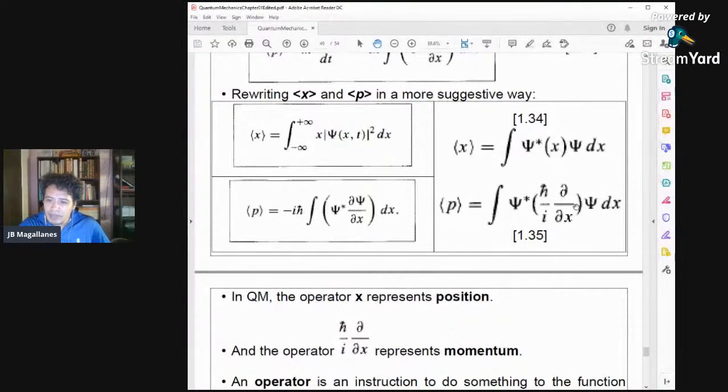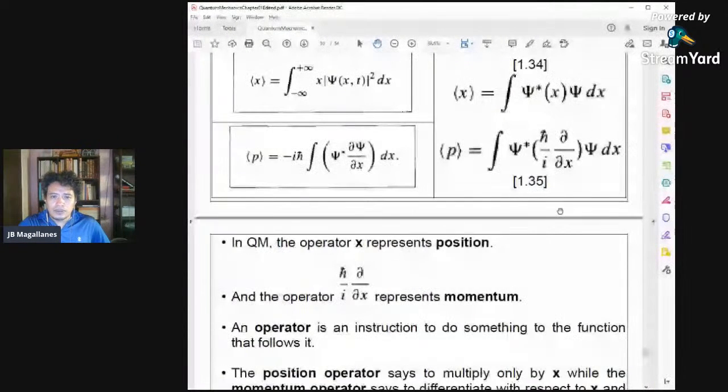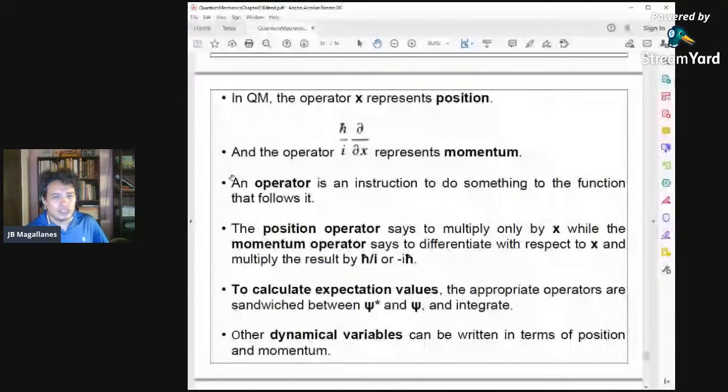So you will be able to get the expectation value of momentum by doing this. The operator x represents the position, and this one represents the momentum in quantum mechanics. An operator, by the way, is an instruction to do something to the function that follows it. It's not pure multiplication, but you have to operate on the function.